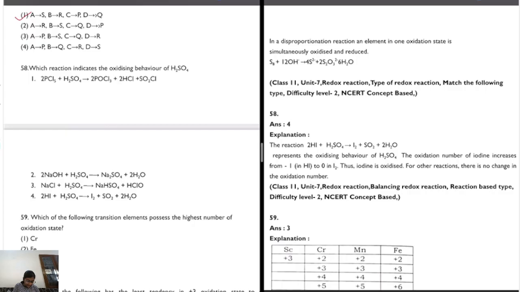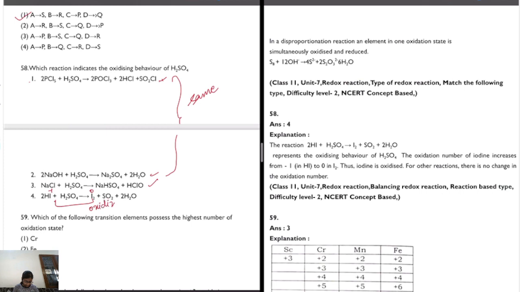But in this reaction, in this reaction, in this reaction, it is the same. But in this reaction, you'll see that it is -1 and it is 0. Therefore, it is oxidizing. In all the other reactions, there is no change.